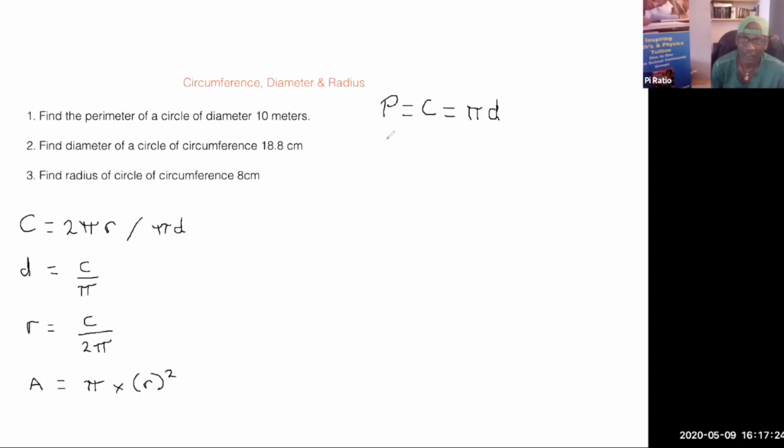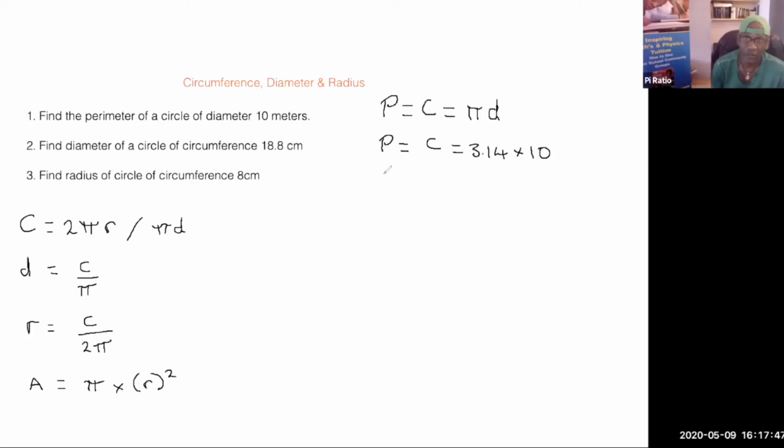So P is going to equal C, which is going to equal, pi is 3.14 times D, and D is 10.